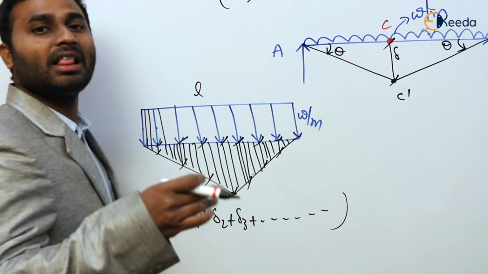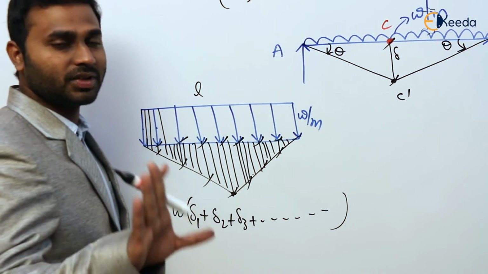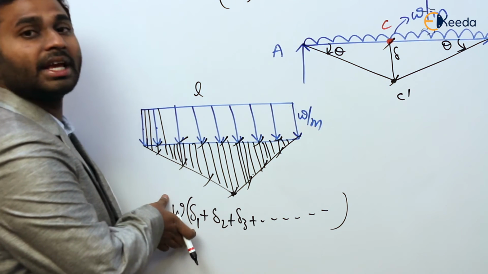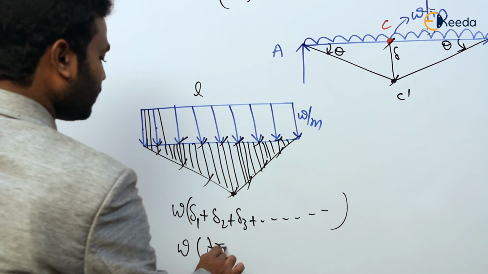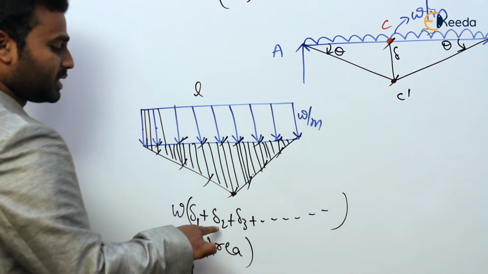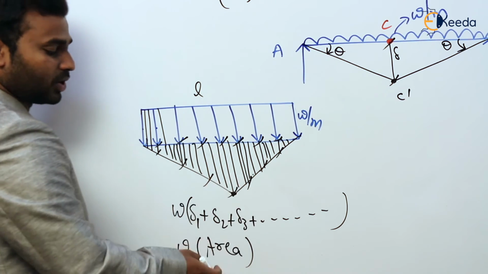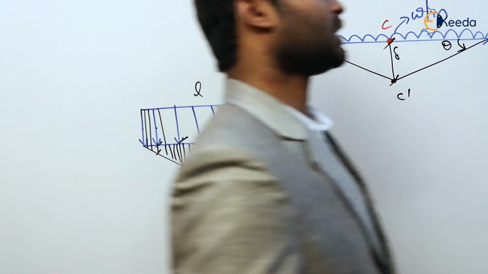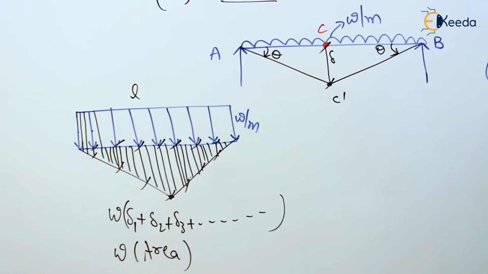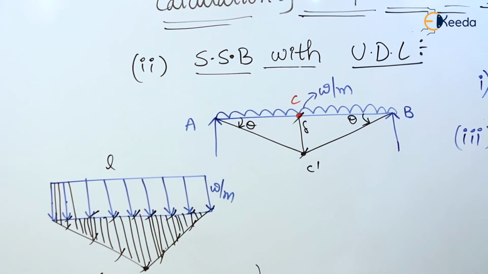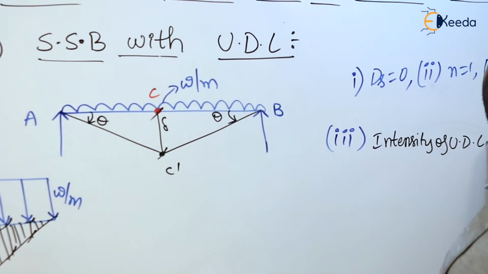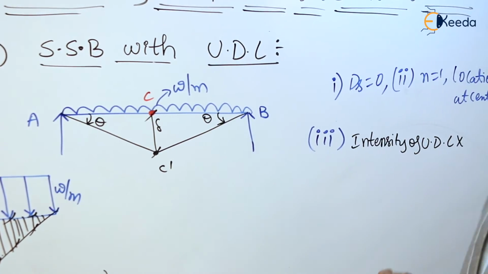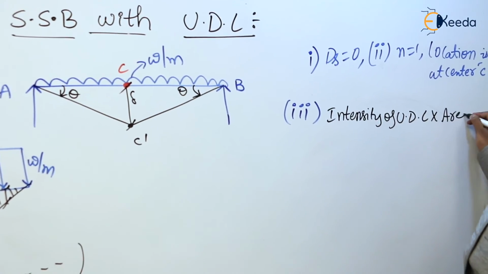If we add all these displacements under the point loads, which are of same magnitude, we get the area. So it means W into area. Delta 1 plus delta 2 plus delta 3 and so on gives the area. So external work in the case of UDL should be taken as the intensity of UDL into the area under it.